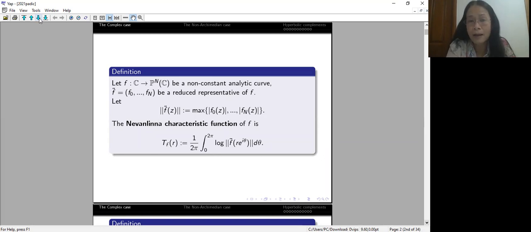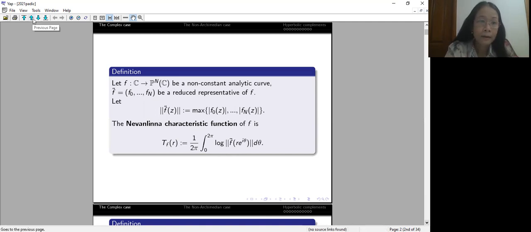That means the fi are entire and have no common zero, and at least one of them is non-constant. Then we take the maximum of absolute values, and then take log, and also then take the integral, and that makes us a well-defined Nevanlinna characteristic function.